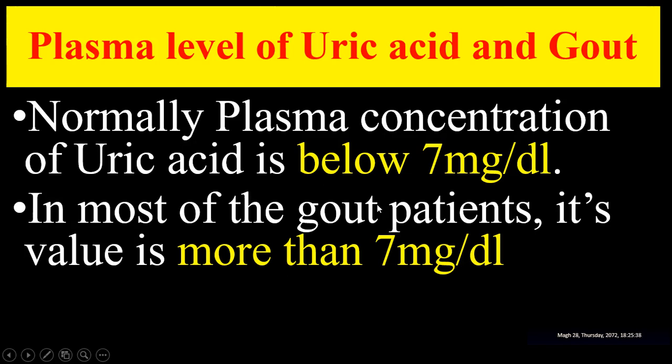Person may be normal even with 8 mg per deciliter. Not to confuse you, but most of the gout patients have above 7 milligram per deciliter. This is not diagnostic, it is only supportive.